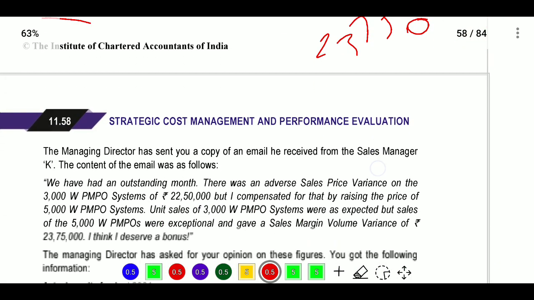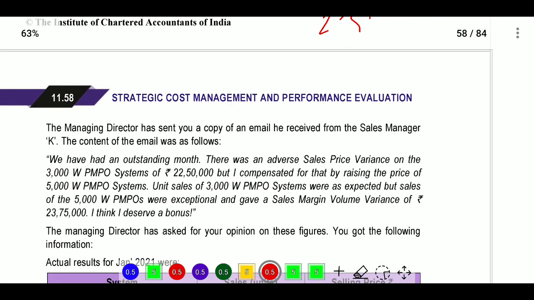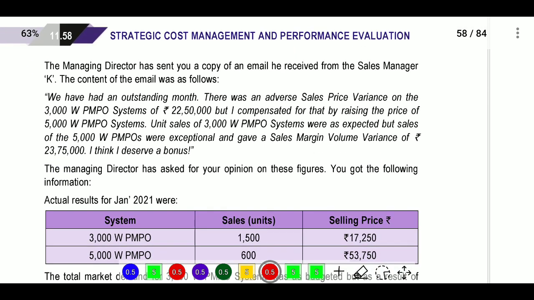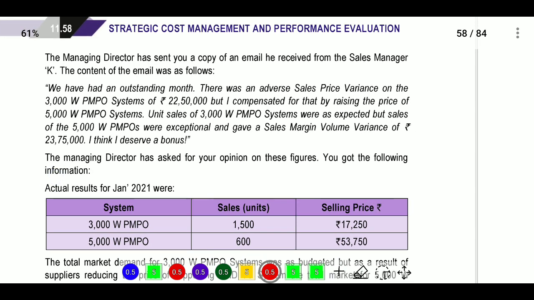Next, here the managing director has sent you a copy of an email he has received from the sales manager. Okay, we have an outstanding month, and there was an adverse sales price variance on the 3000 W PMPO system of 22 lakhs 50,000. So we have an adverse variance of 22 lakhs 50,000, but I compensated for that by raising the price of 5,000 W PMPO systems.